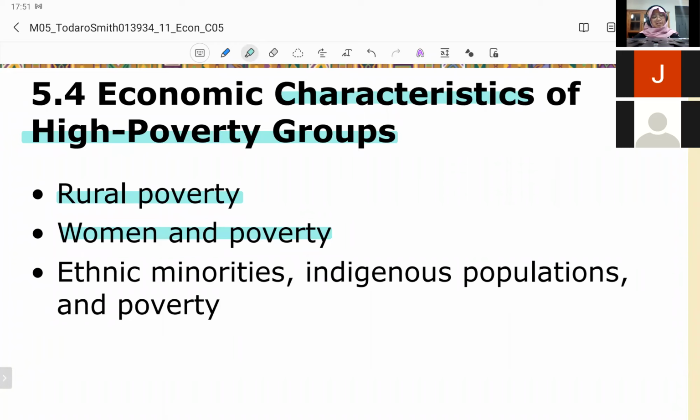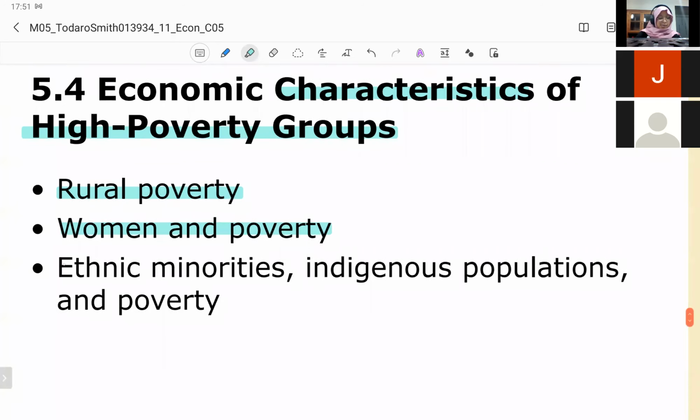So that's one of the characteristics in the high poverty groups. And then you can also find that sometimes they are part of the ethnic minorities, or sometimes they are indigenous populations, and then they live in poverty. Okay.